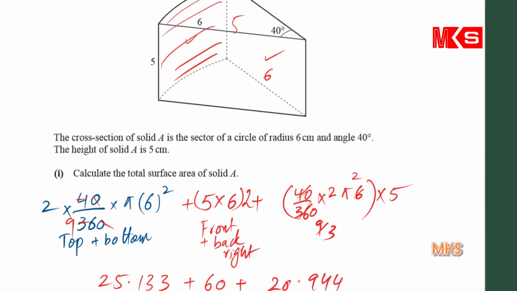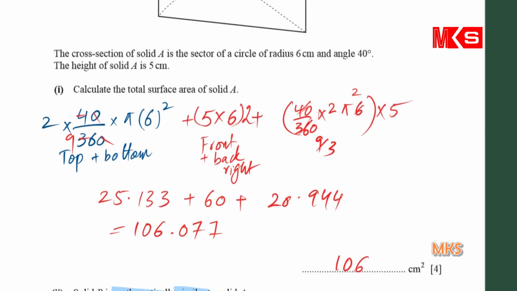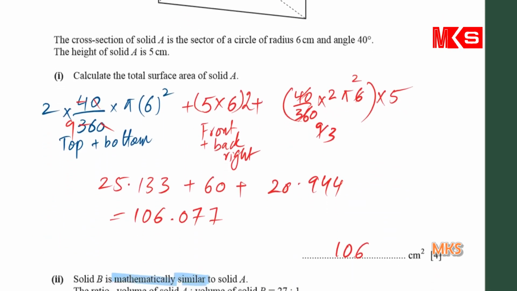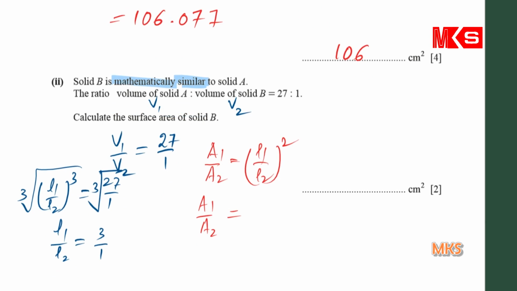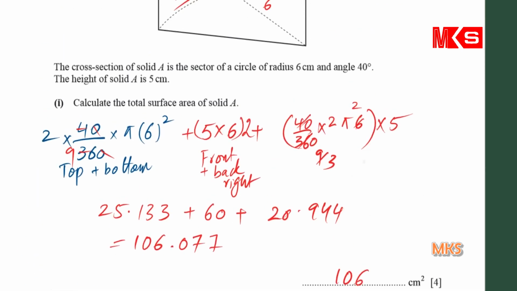Now, the surface area of solid A we have calculated already. A1 over A2 is equal to (L1 over L2) squared. So A1 over A2 is (3/1) squared.